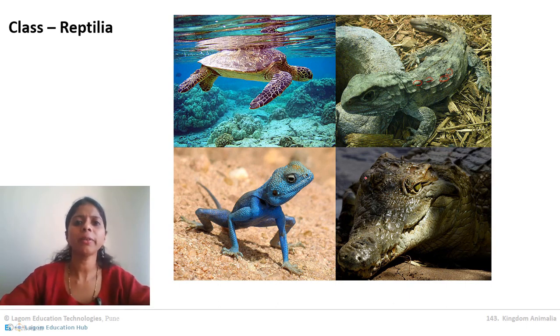Other examples which I have not put pictures over here include snakes and wall lizards. So reptiles are kind of common organisms for us. Day to day we see these animals. So let us try to understand reptiles with their characteristics. Let us begin with the characteristics of reptiles.